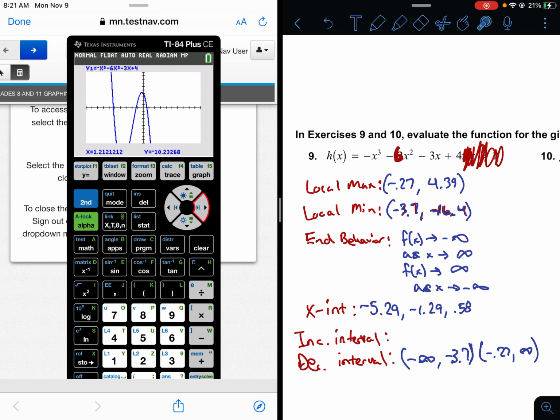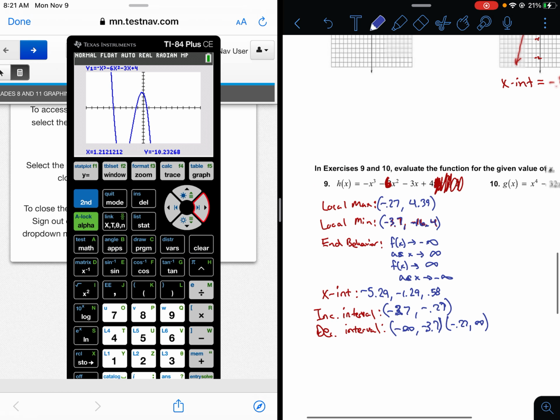So it's increasing between these 2 points. So we just have to put those 2 points. Negative 3.7 to negative 0.27. And there you go. It'll be increasing between those two vertices.